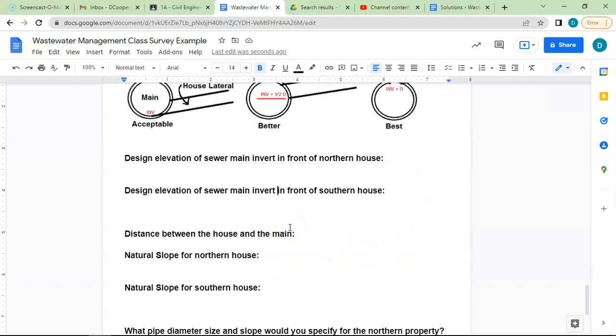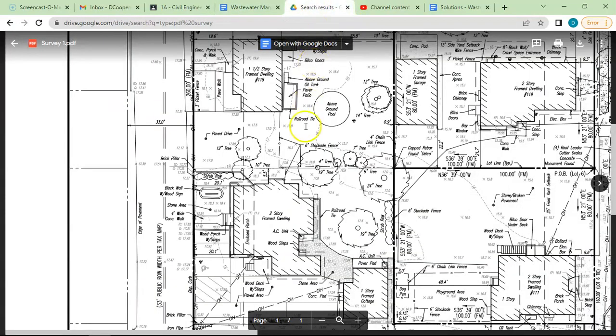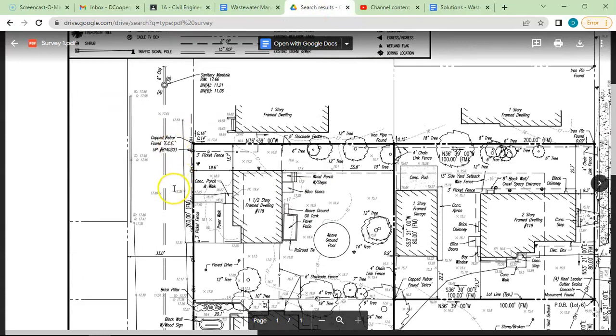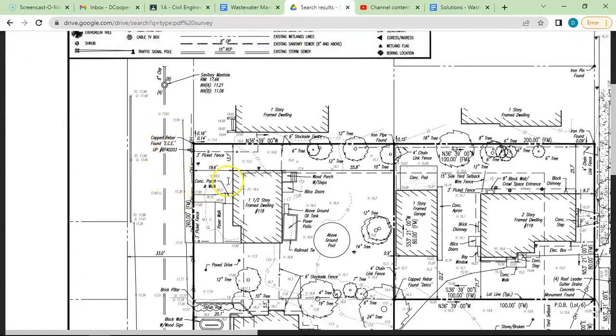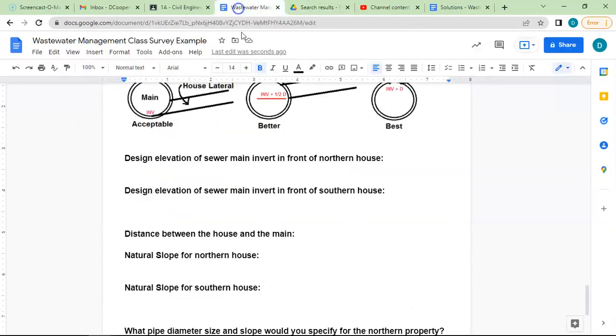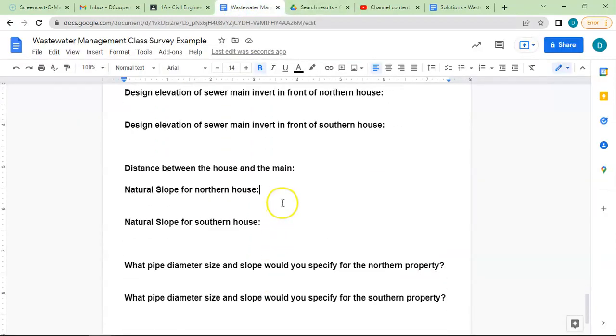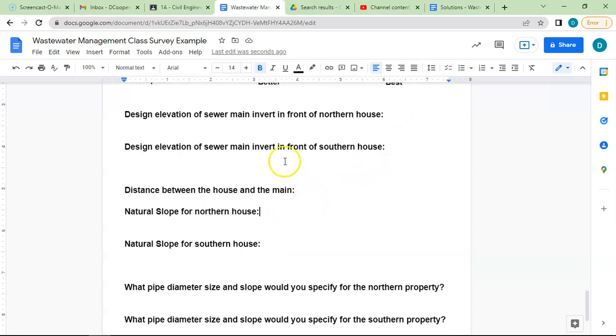Okay, distance between the house and the main. If I say that was 50, let's call it 25. 25 feet, and that'll be for both of them. All right, next we're going to get what the slope would be naturally.